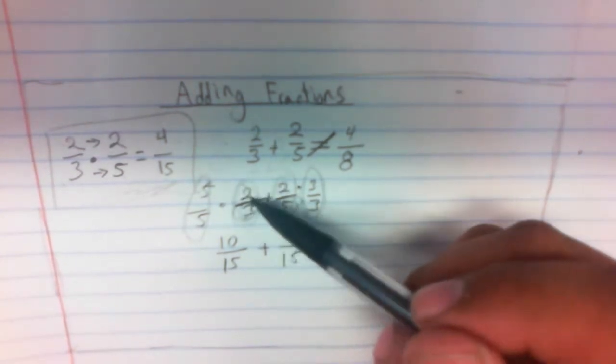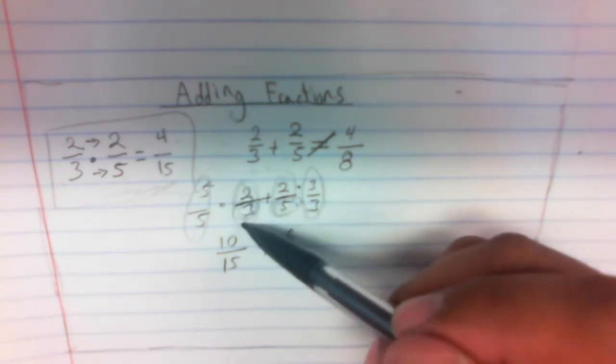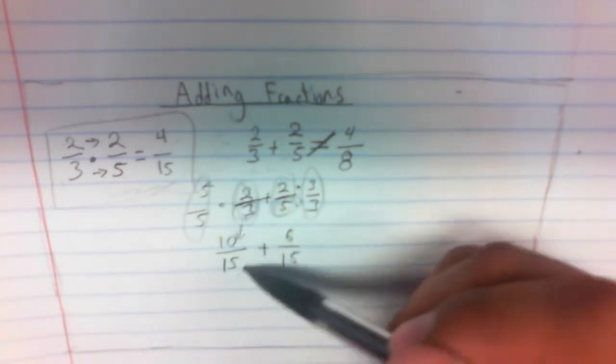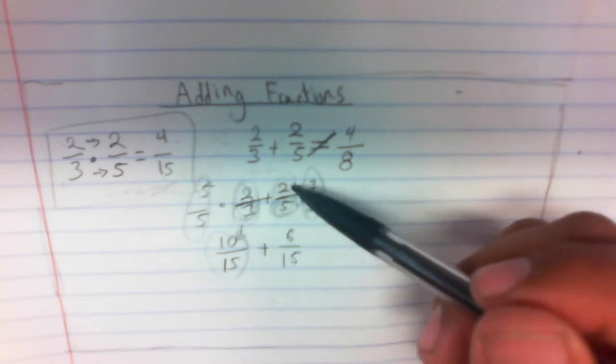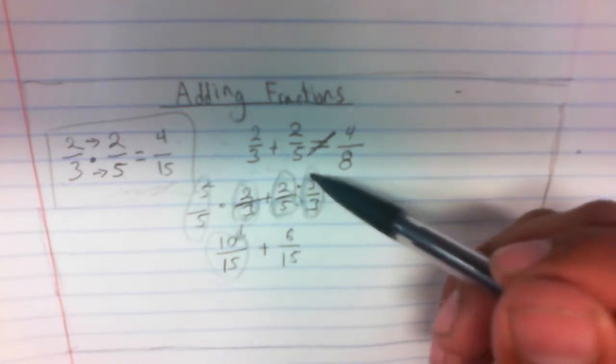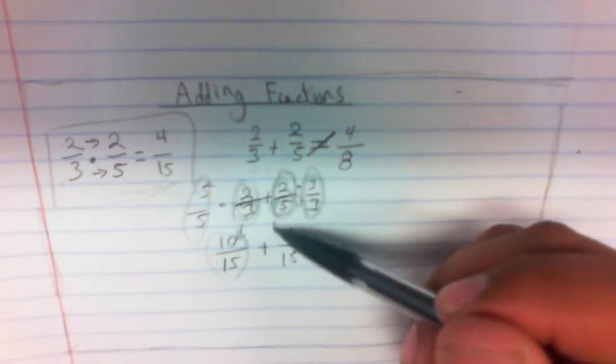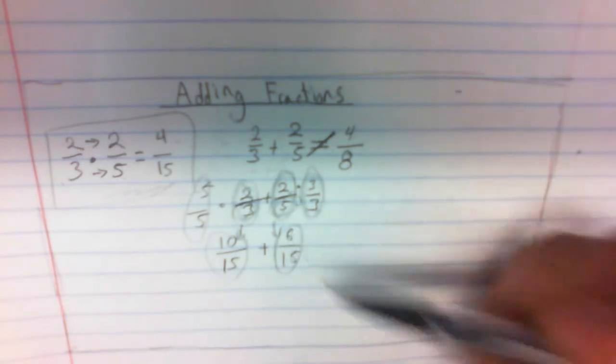So that means from 2 over 3, we just manipulated this fraction to turn into 10 over 15. And right here, this 2 over 5, we multiplied it by 1, because 3 over 3 is 1, and we manipulated this fraction to become 6 over 15.